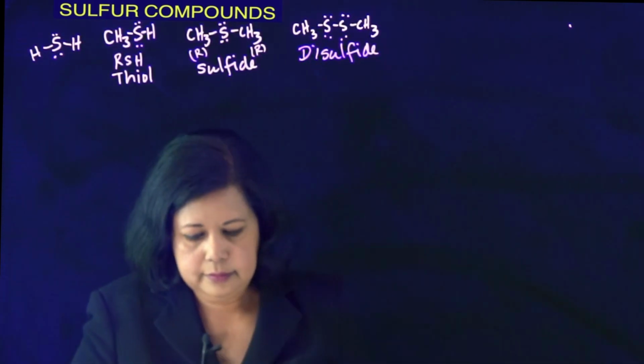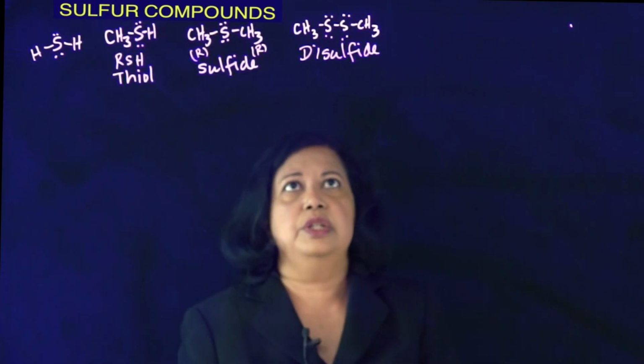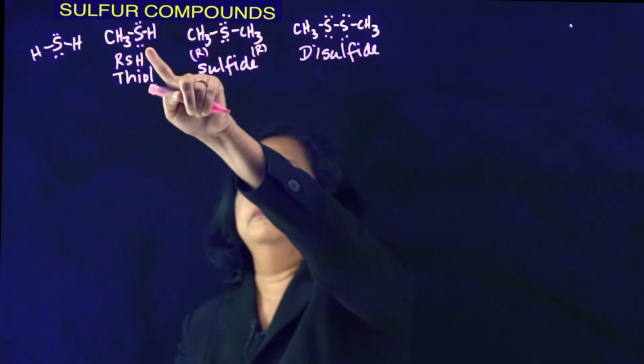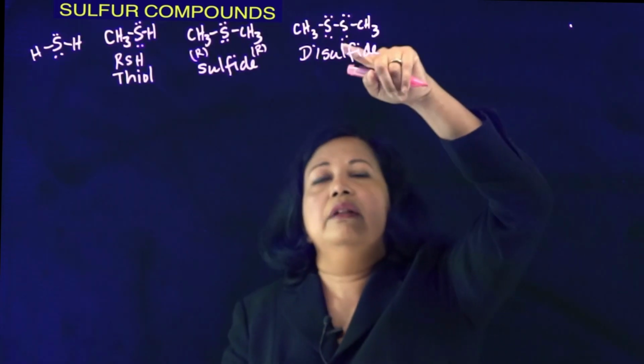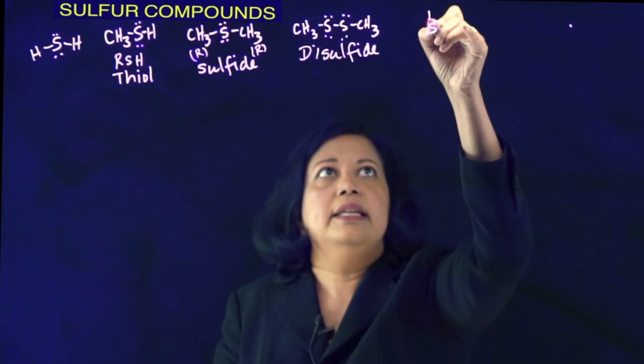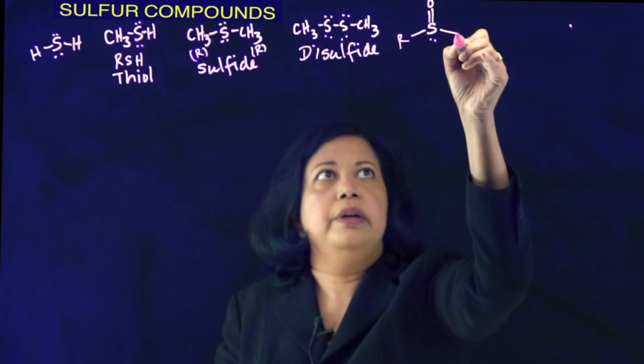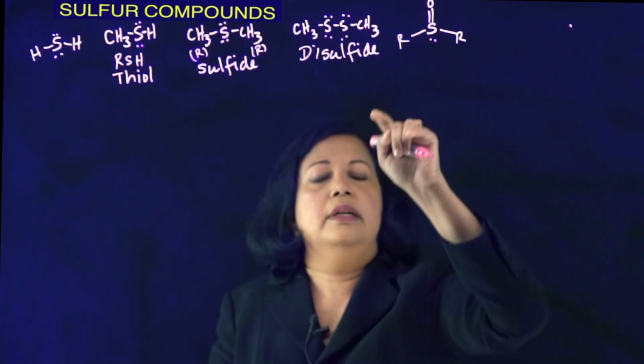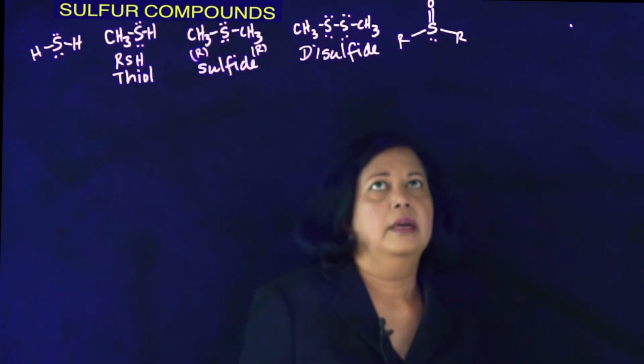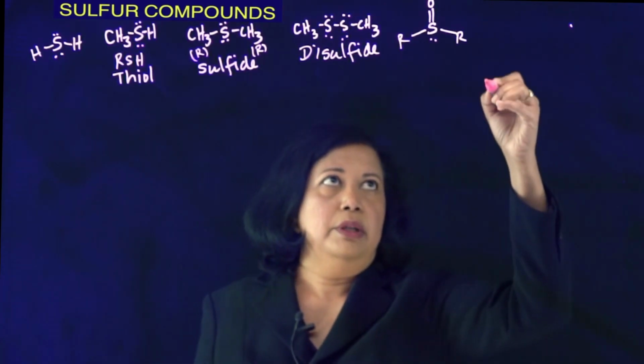Disulfide. Then you can add oxygens. Unlike oxygen, here the sulfur can get oxidized, and you can get sulfoxides, and you can have some R group here. And we saw that with DMSO, when these R groups are methyl, then that will be DMSO.